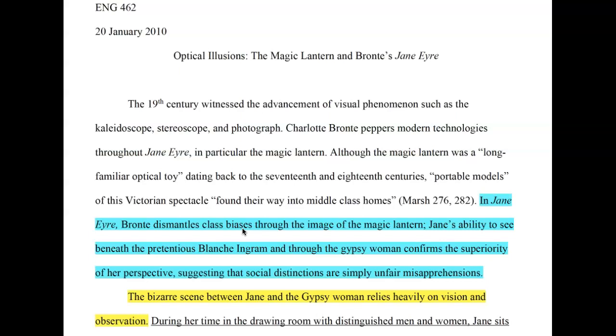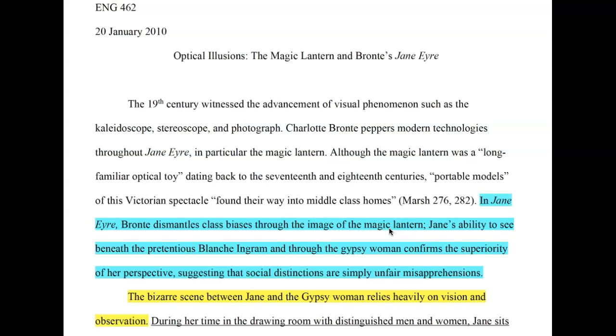So I've got my topic, which is Jane Eyre. I've got my stance in that Bronte dismantles class biases. The literary element that I'm looking at, how she does that, is through the image of the magic lantern.